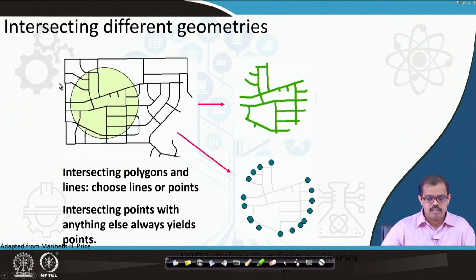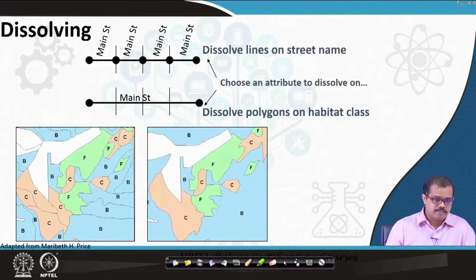Intersecting points with anything else always yields points. Intersecting lines can yield both lines and points. Intersecting polygons can yield polygons and lines. You should be able to understand and interpret it. It's a reverse logic of how the vector model is built.